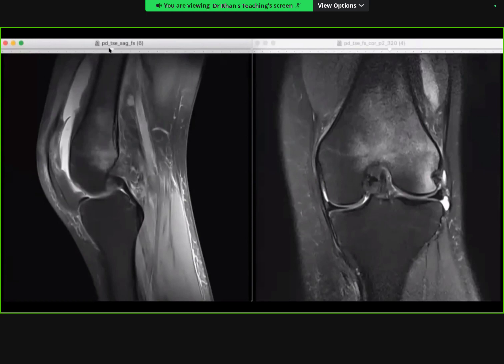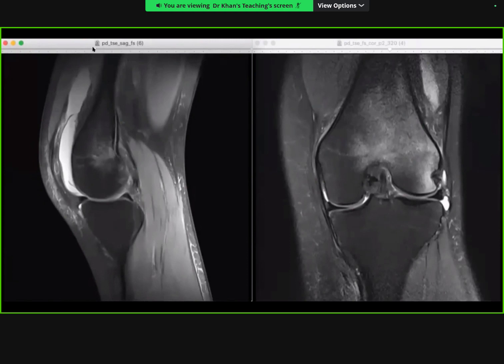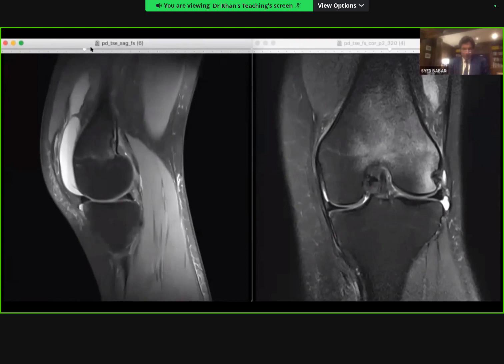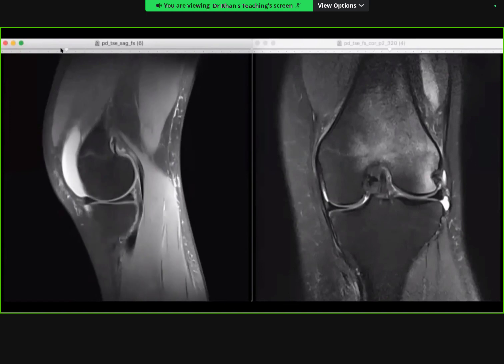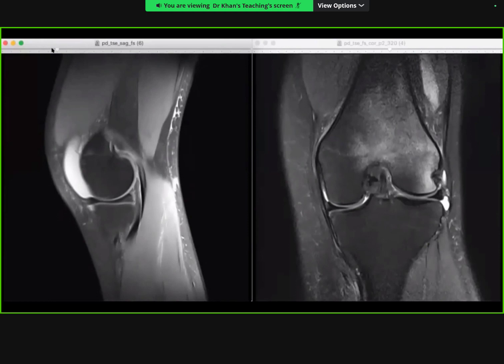I'm concerned about the femoral attachment site of the PCL. Again, large joint effusion. Looking at the medial meniscus, that looks intact, although there is some high signal in the posterior horn, but it doesn't seem to be in contact with the articular surfaces, so I don't think it's a tear.